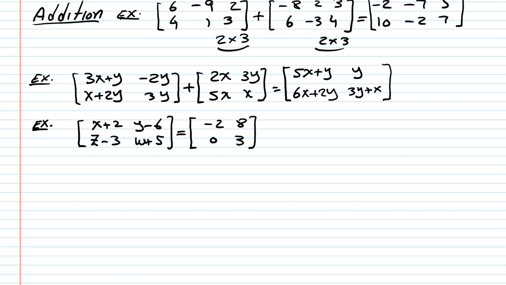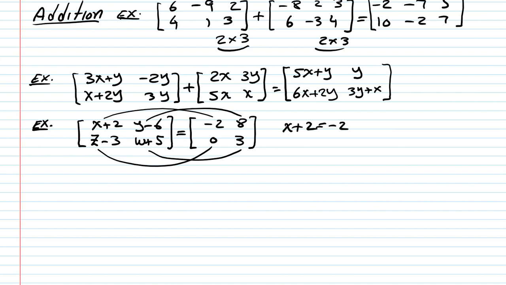Well, because corresponding elements must be exactly the same, we will equate corresponding elements. So x plus 2 should be negative 2, from which we get x is negative 4. Y minus 6 should be 8, from which add 6 to both sides, we get 14.